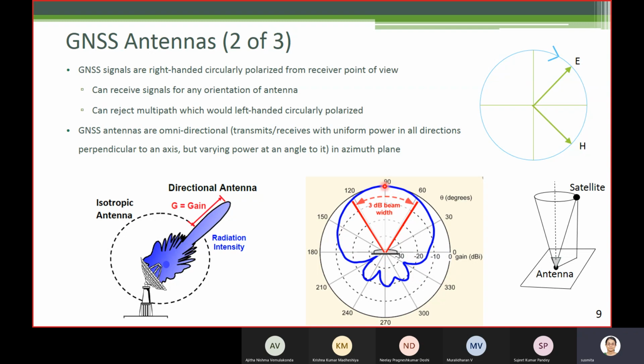You give more importance to high elevation satellites and relatively low importance to low elevation satellites, and attenuate to the extent possible the reflected signals. There is a higher chance that signals coming from the bottom are reflected signals, so don't give high gain to them. This way, by suitably designing the gain of the antenna, we can receive good quality signals from high elevation angles and different azimuth.